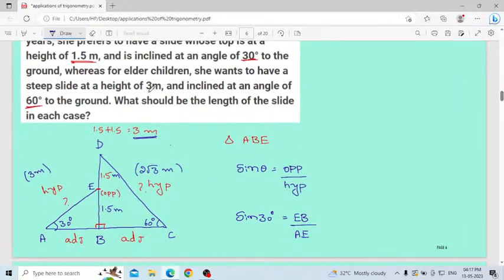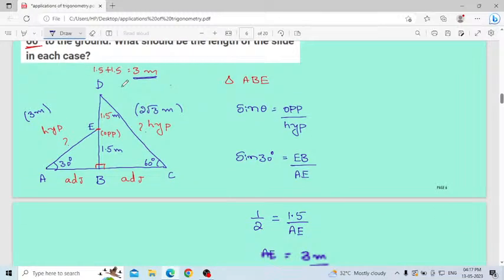Yes, here 3 meter. A steep slide at a height of 3 meter. Then here they are given the angle and height of the slide, everything they are given. You have to calculate the length of each slide. To calculate that, consider this as a triangle.